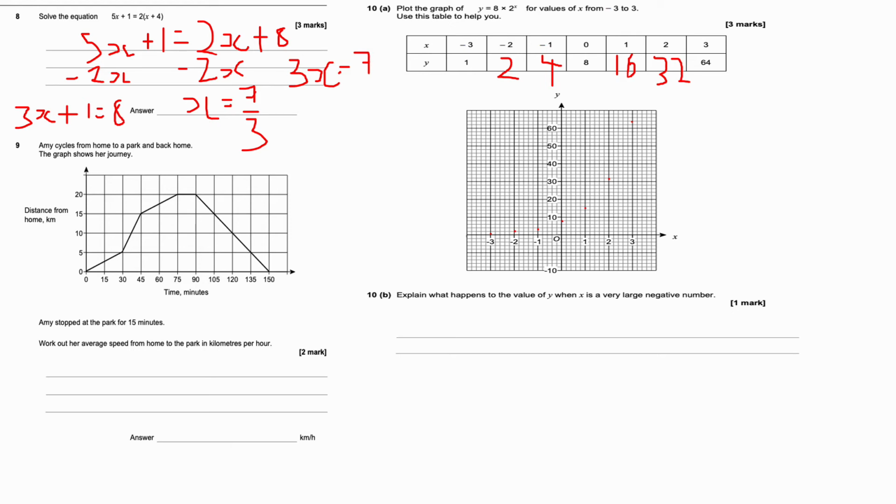So again, drawing this freehand, I'm going to get something like this as my graph.